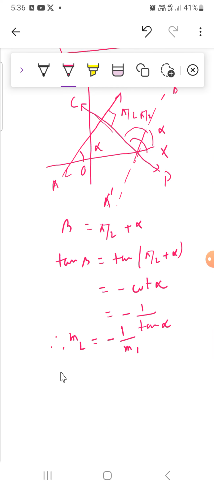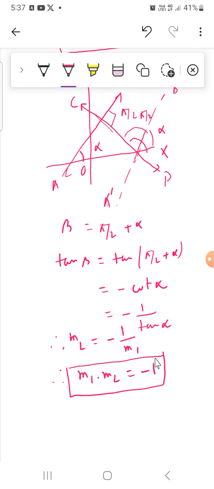So we can write m1 multiplied by m2 is equal to minus 1. This is our required condition: two straight lines are perpendicular if the product of their slopes is equal to minus 1. Then the two straight lines are called perpendicular to each other.